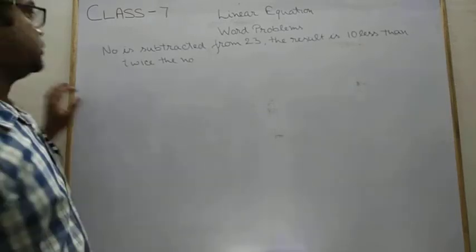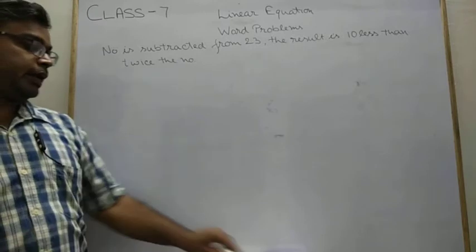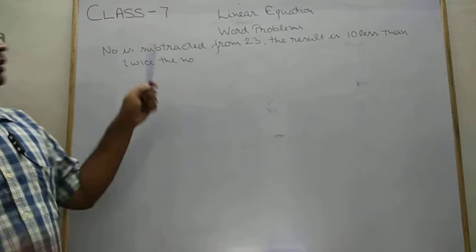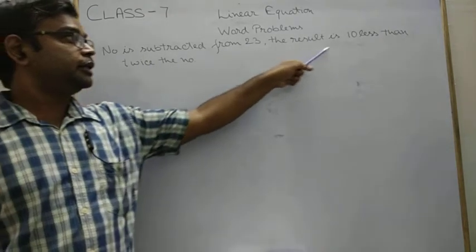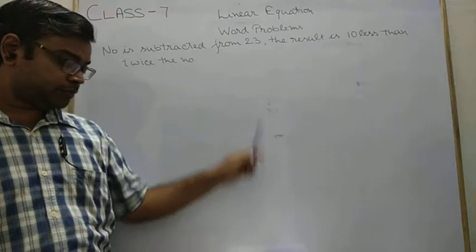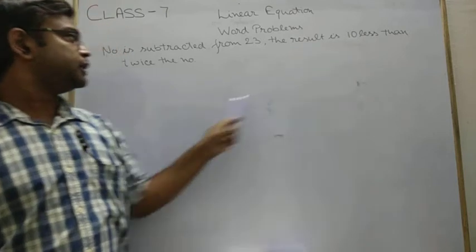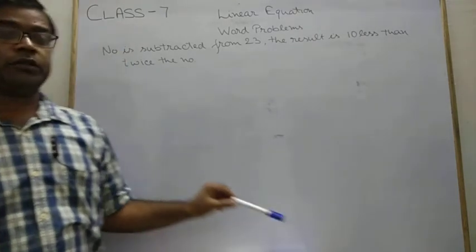In this question, it is said that the number is subtracted from 23. The result is 10 less than twice the number. So, how do we solve this one?